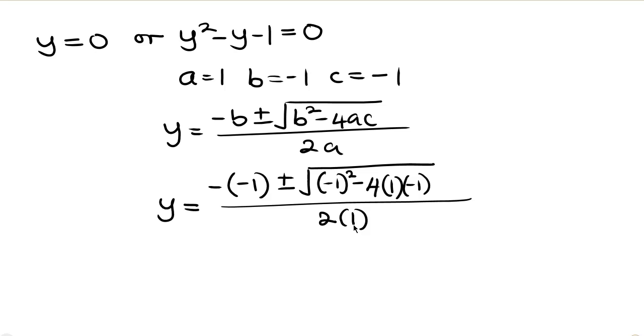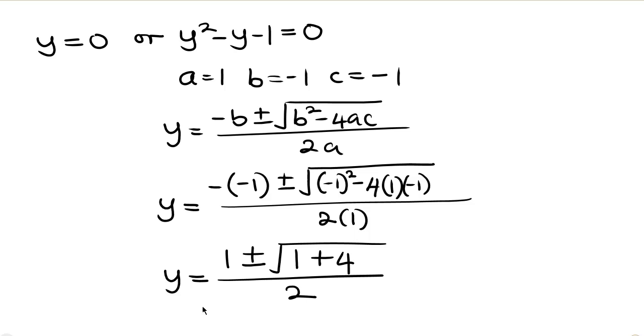That is it. And now simplifying further, we have y equal to negative times negative gives +1. And then plus or minus the square root of. Now, the square of -1 is actually 1. And then -4 times 1 times -1 gives +4 all over 2. Very good.